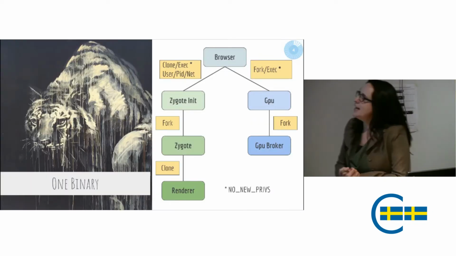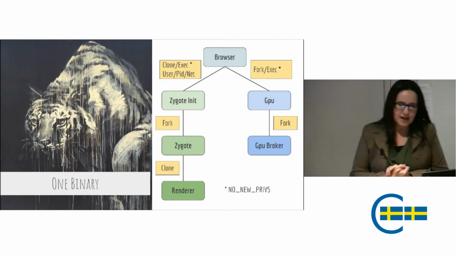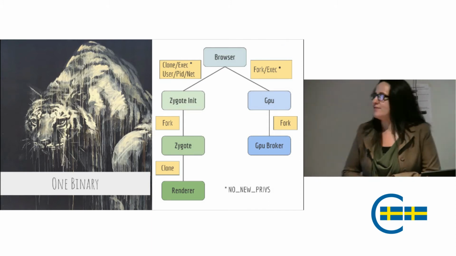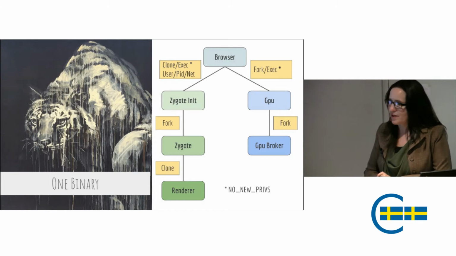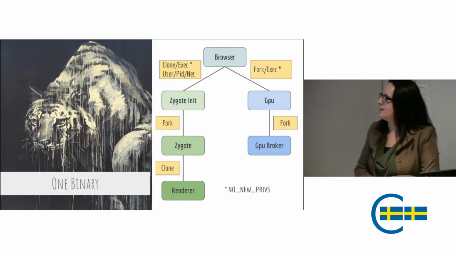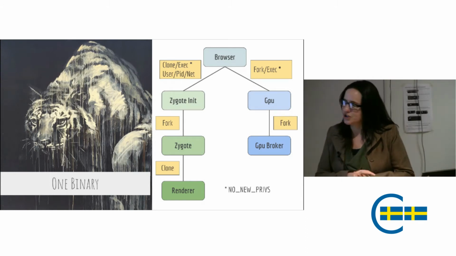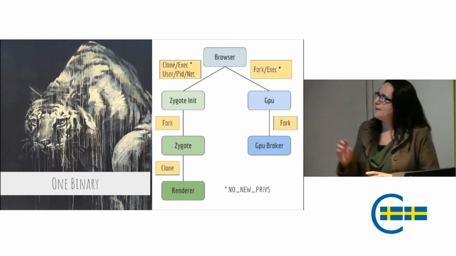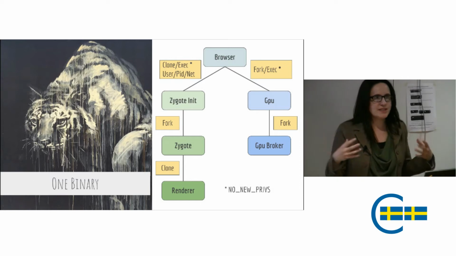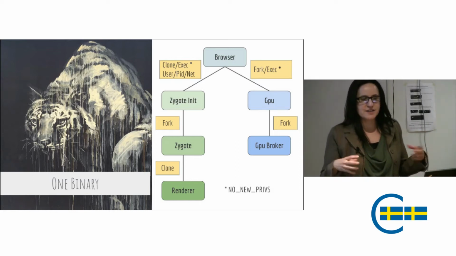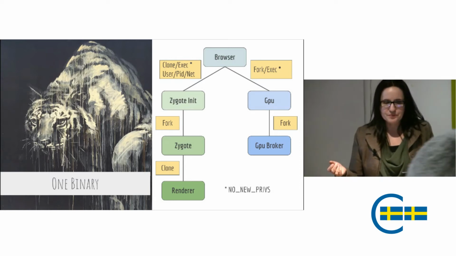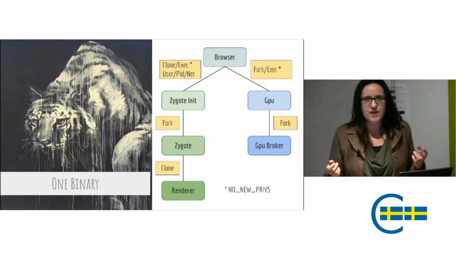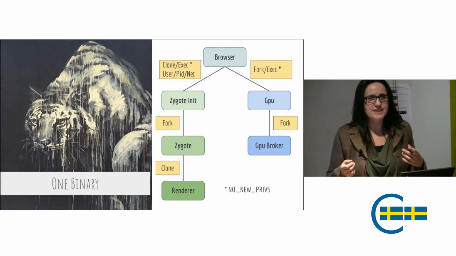Okay. So the Chromium family of browsers have a very specific type of process architecture, and that is very important when you're constructing the sandbox. So we're going to look at it a little bit here. The first thing that you will see if you look on your machine is that there is one browser binary. You will often find two binaries in there.